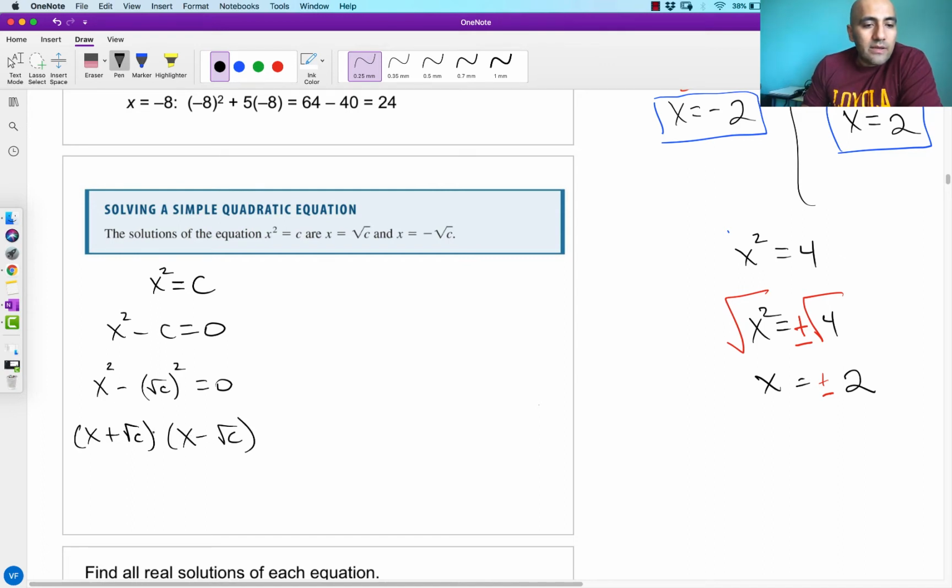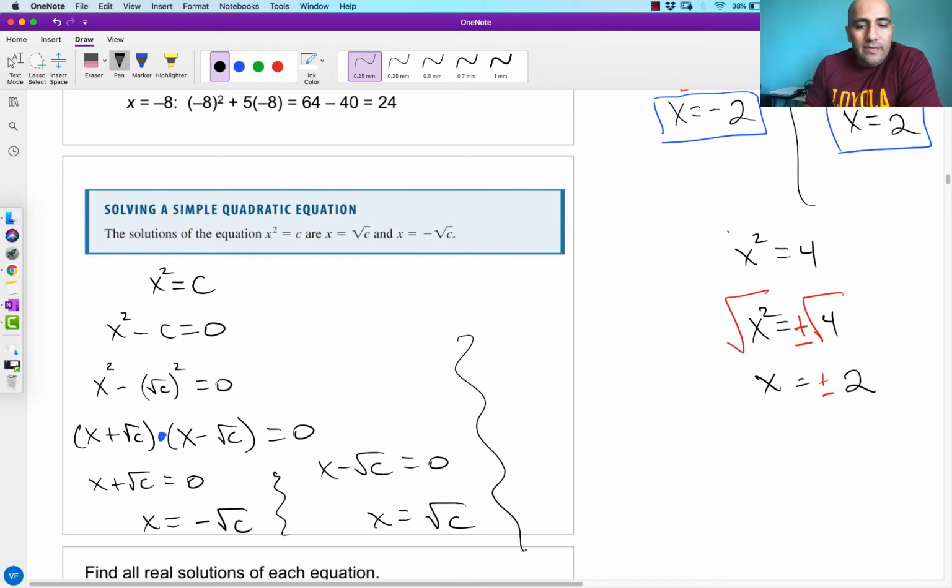We can separate this by the difference of squares, equals 0. And now, by the zero product property, we can separate this into x plus root c equals 0, or x minus root c equals 0. And so we can end up with x equals negative root c and x equals positive root c.